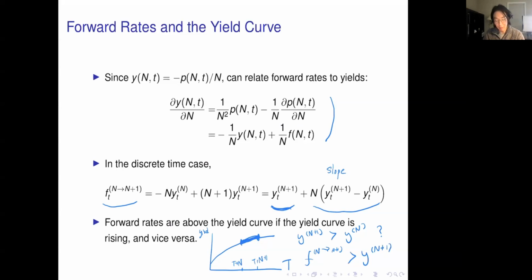So if the forward rate is greater than the yield, then the yield curve is going to slope upward. Whereas if the forward rate is lower than the yield, then the yield curve is going to be downward sloping.